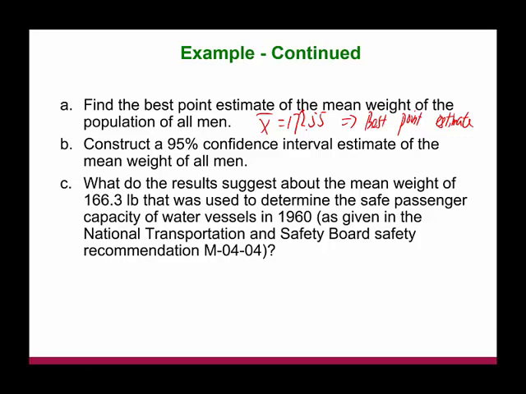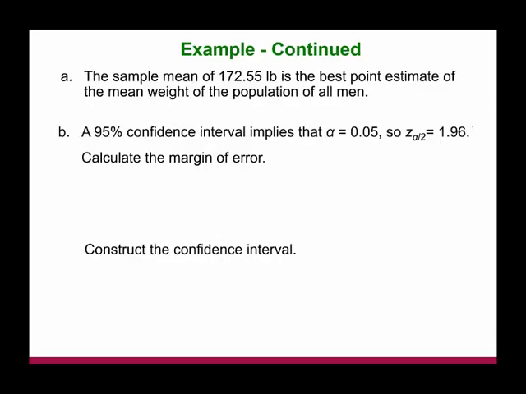What do the results suggest about the mean weight of 166.3 pounds that was used to determine the safe passenger capacity of water vessels in 1960, as given in the National Transportation Safety Board Safety Recommendation M-04-04? The sample size is 40, and the sample mean is the best point estimate of the population mean mu.